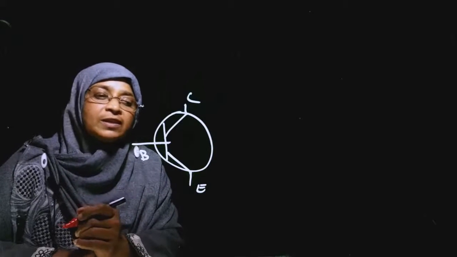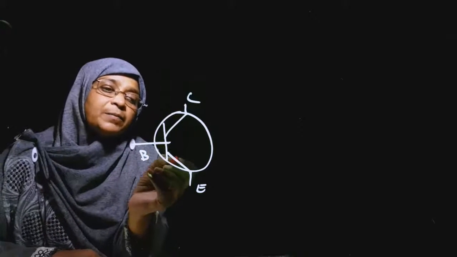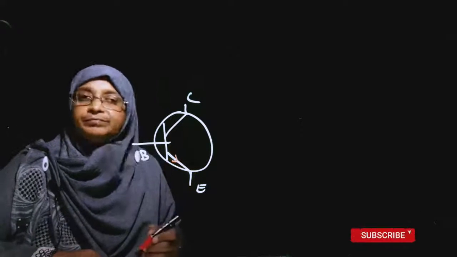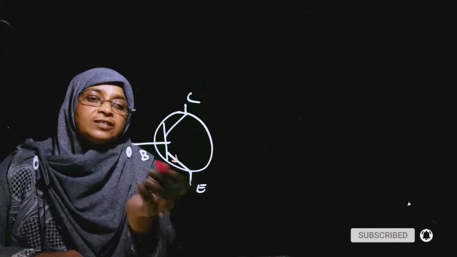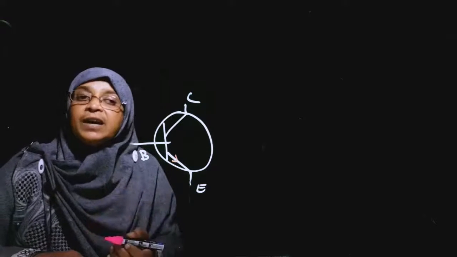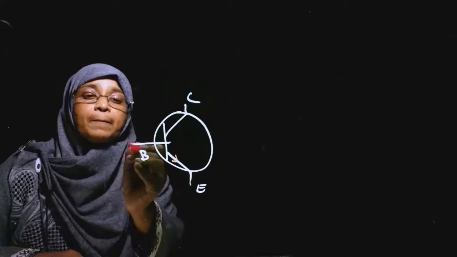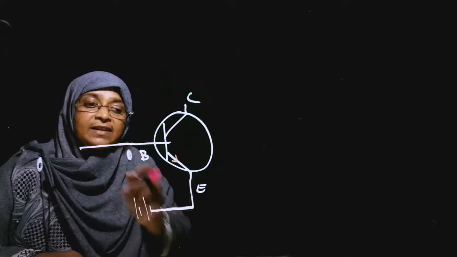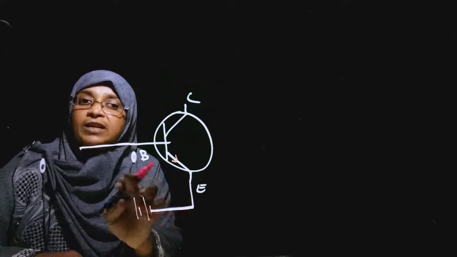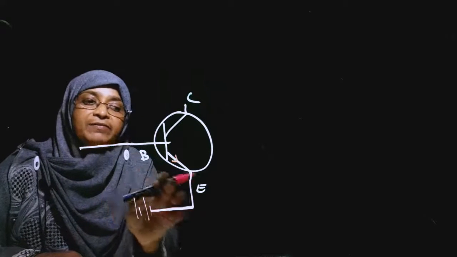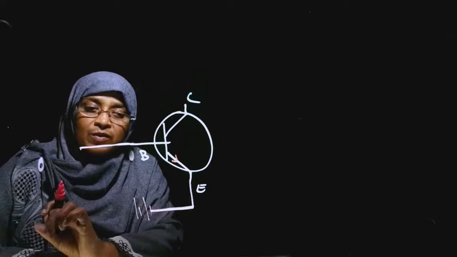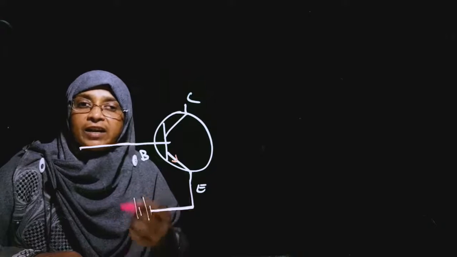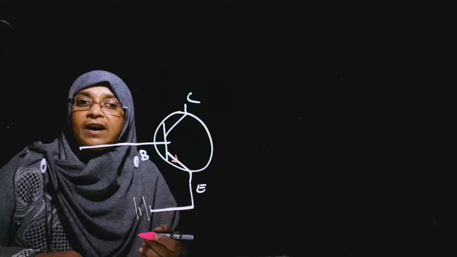We know the current flows from the base to emitter in this transistor. So, this base emitter junction should be forwardly biased, and a small voltage should be supplied between these two. The voltage is reduced using a high resistance.